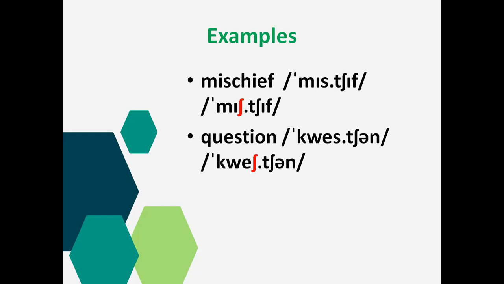Normally, its pronunciation is "question." When we assimilate it, it becomes "keshchon." Again, "question." It is difficult to pronounce, but if you practice, you can do it well. So it is "question." Sh and ch are together.